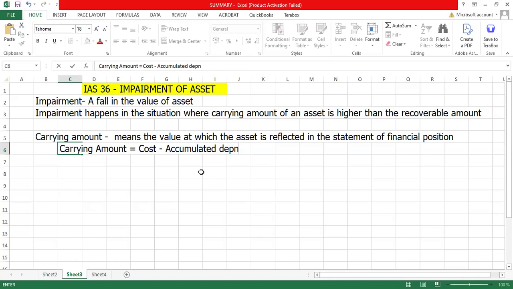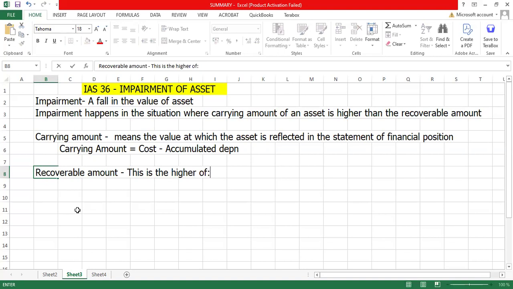What about the recoverable amount? This is the higher of two things.